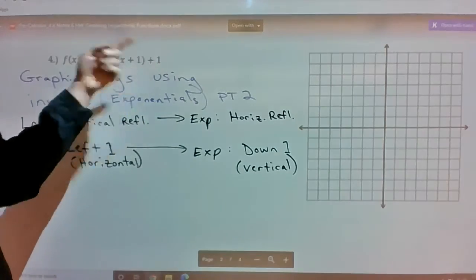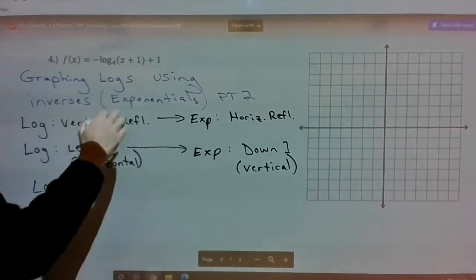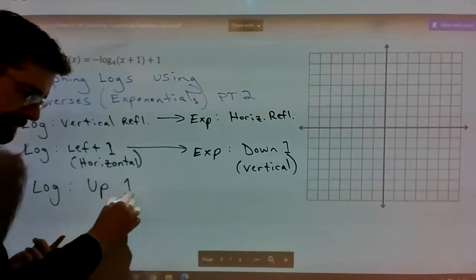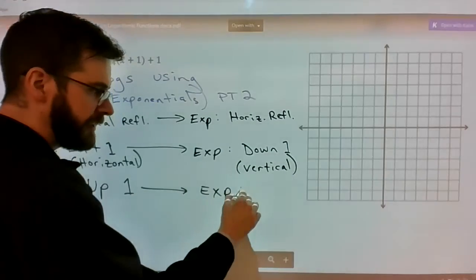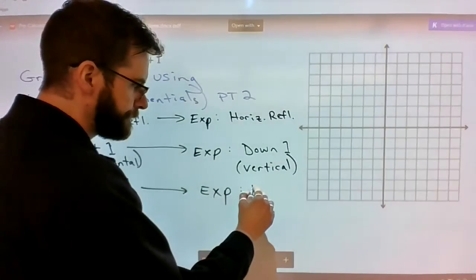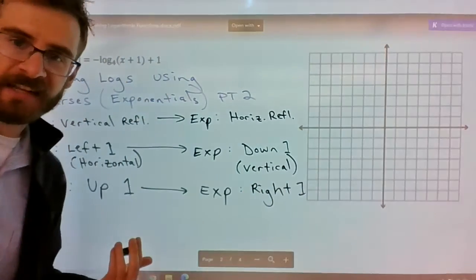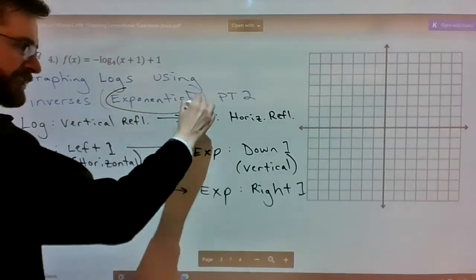And then just the opposite happens. If the log is shifted up 1, which is a vertical shift, you are going to go to a horizontal shift of right 1. So what this does is it allows us now to build an exponential function.